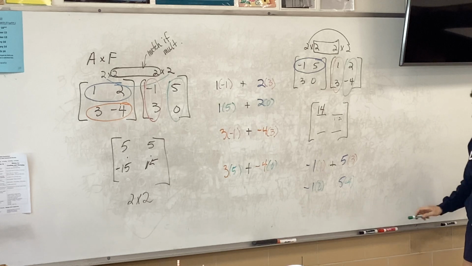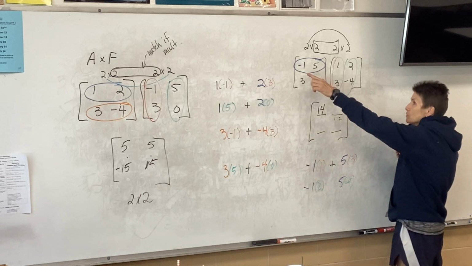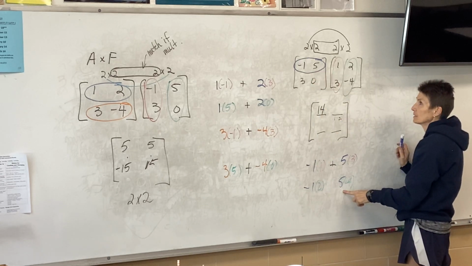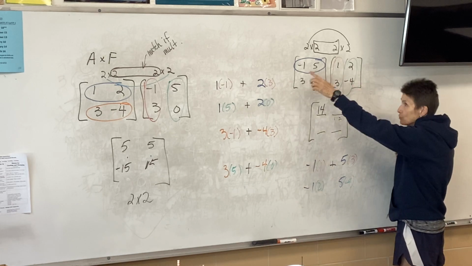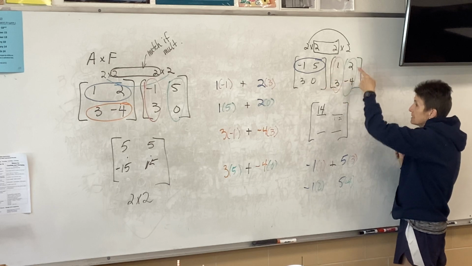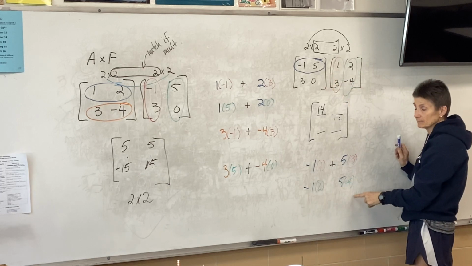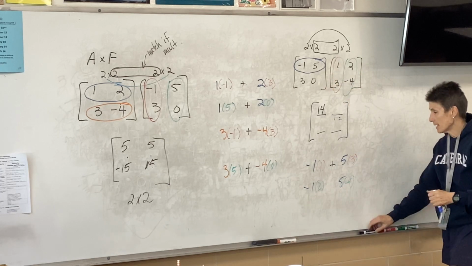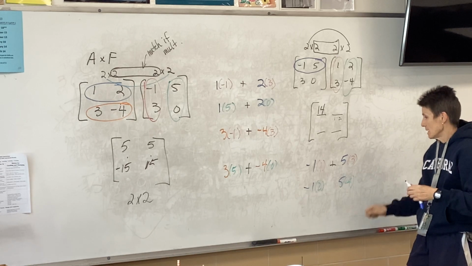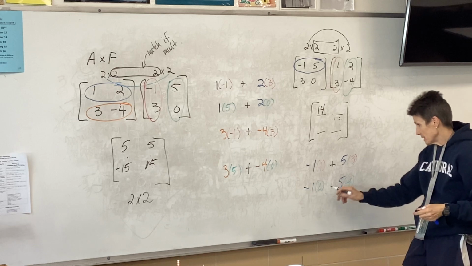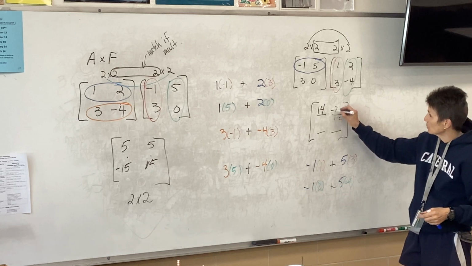So I am writing down the numbers in the first row times the numbers in the second column. I'm going to multiply each pair and add them up. And that looks like -2 and -20, -22.